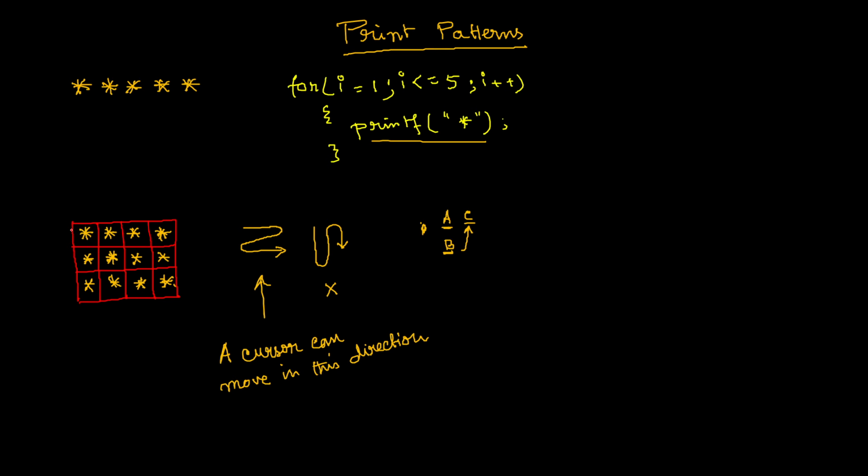Assume that this is a pixel, and each and every pixel has these stars. Now write the names of these columns: column number 1, 2, 3, 4, and row number 1, 2, 3, right?